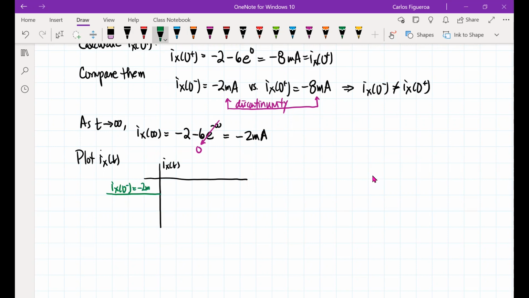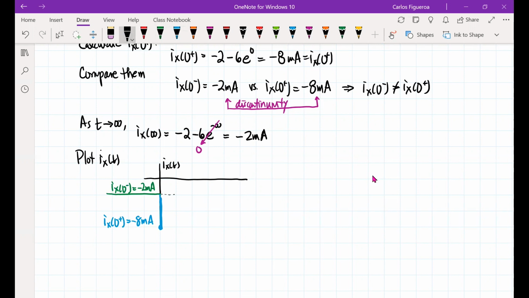I get minus 2 milliamps. And then what you see here is that at 0 plus, there's a discontinuity right here. And this discontinuity tells me that Ix of 0 plus is minus 8 milliamps. So it instantly drops. Now look at that steady state. The steady state says that it's at negative 2 milliamps.